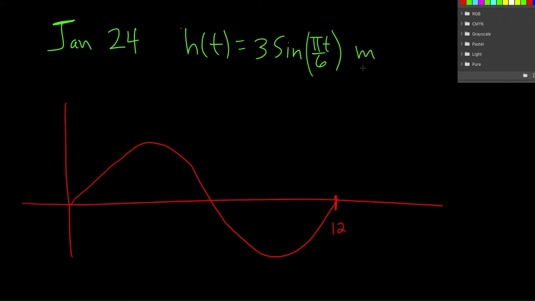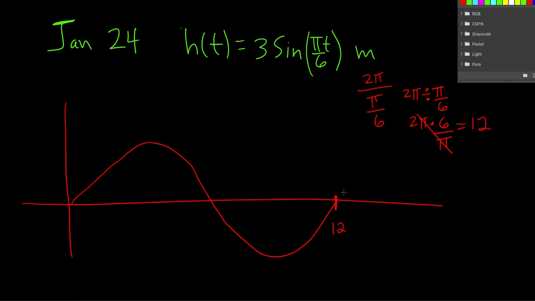We take the original period of 2 pi, divide it by pi 6, and then we flip that and multiply. So our pi's cancel, 2 times 6 is 12.